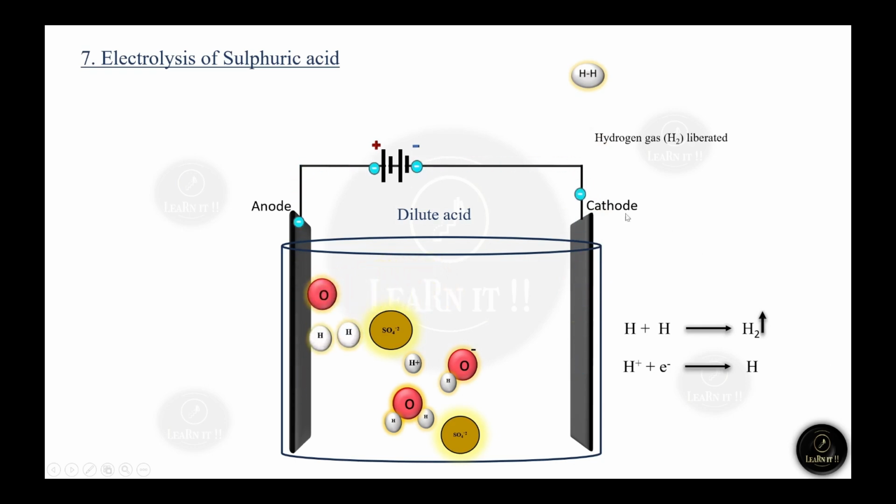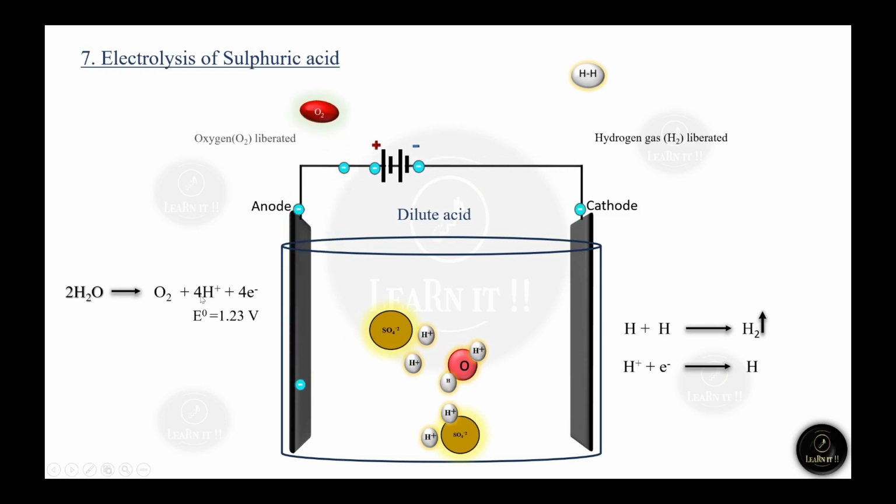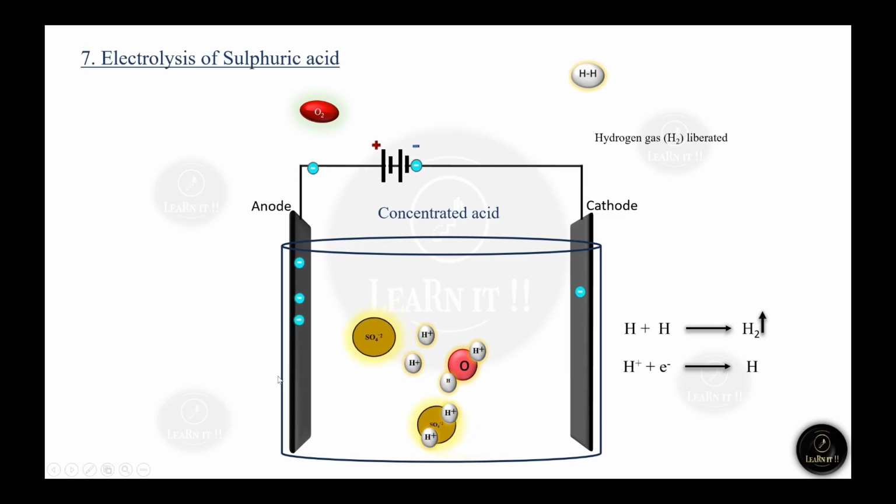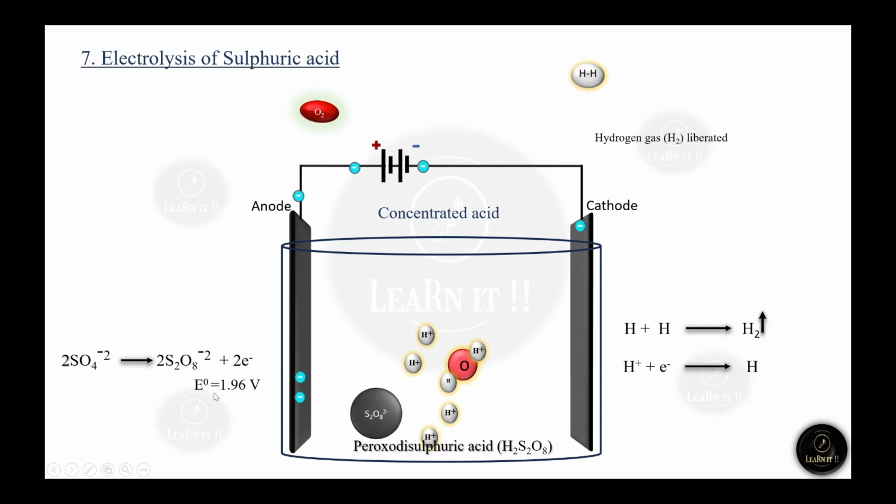At the anode, like we said before, two water molecules convert into one molecule of oxygen, 4 hydrogen ions and 4 electrons. If we take concentrated sulfuric acid, at the cathode we get hydrogen gas liberated, but at the anode, 2 sulfate ions get converted into peroxodisulfate ion.